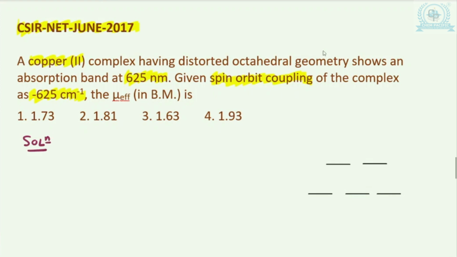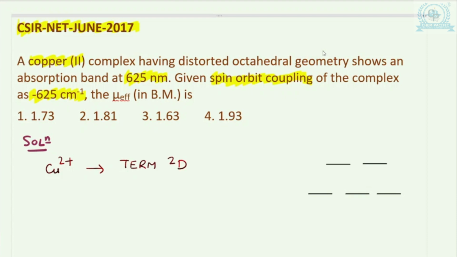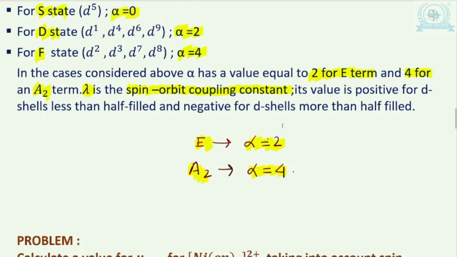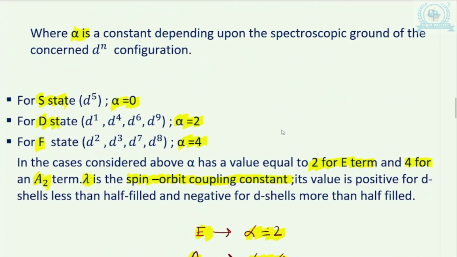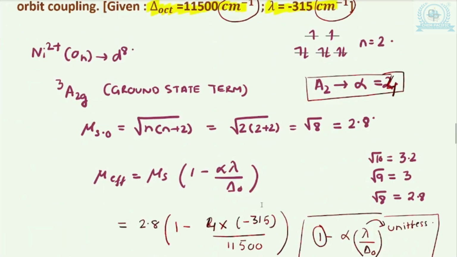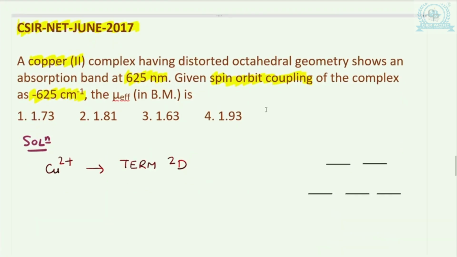Okay, so you have the copper 2+ which is having the term 2D. ठीक है, now I already informed you, अगर D स्टेट होगा then alpha value we have to consider as 2. ठीक है, now this is having the 2D form and therefore as per 2D form, अल्फा का वैल्यू हो जाएगा 2.